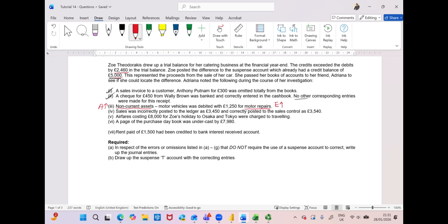So what we need to do is, motor vehicle was debited with 1,250 for motor repairs.